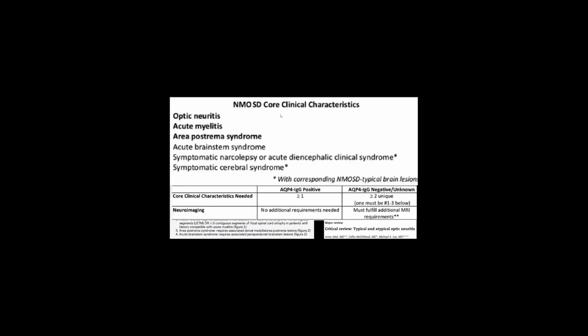The term NMOSD was actually introduced in 2015, and I won't be talking much about the new criteria for NMOSD. A lot of the speakers have spoken about this. I just want to bring to your attention the core clinical characteristics. Basically, it is optic neuritis, acute myelitis, and the area postrema syndrome.